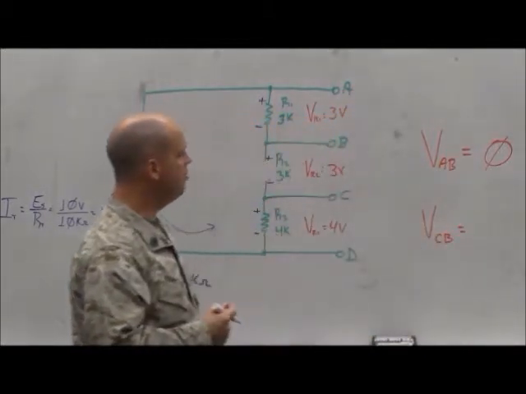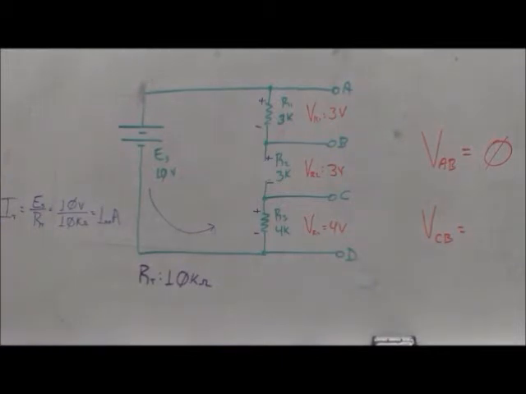The voltage C to B, did it increase, decrease, or stay the same? What's that? Increased. Why? The current across an open? You're feeling source voltage. Well, let's look at it.